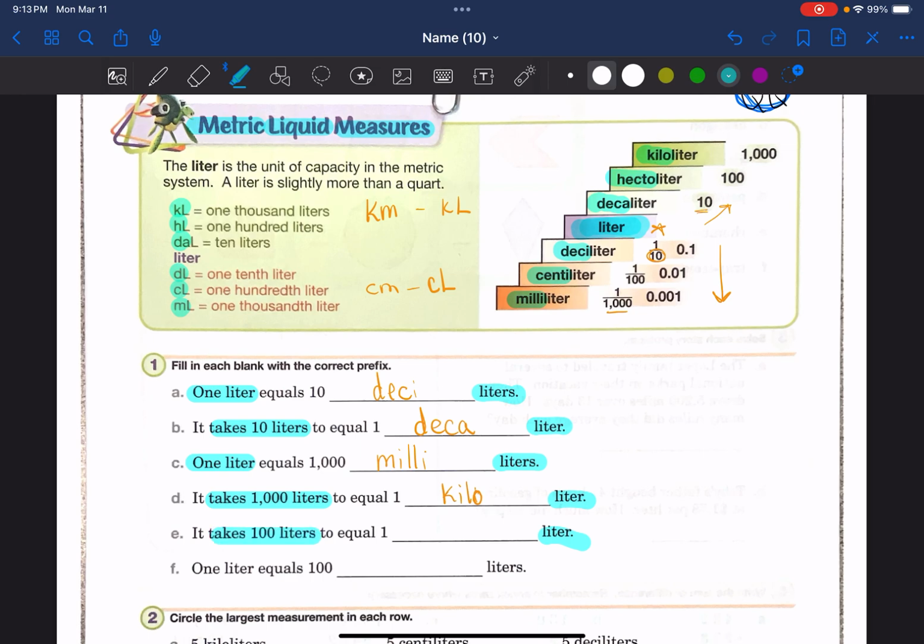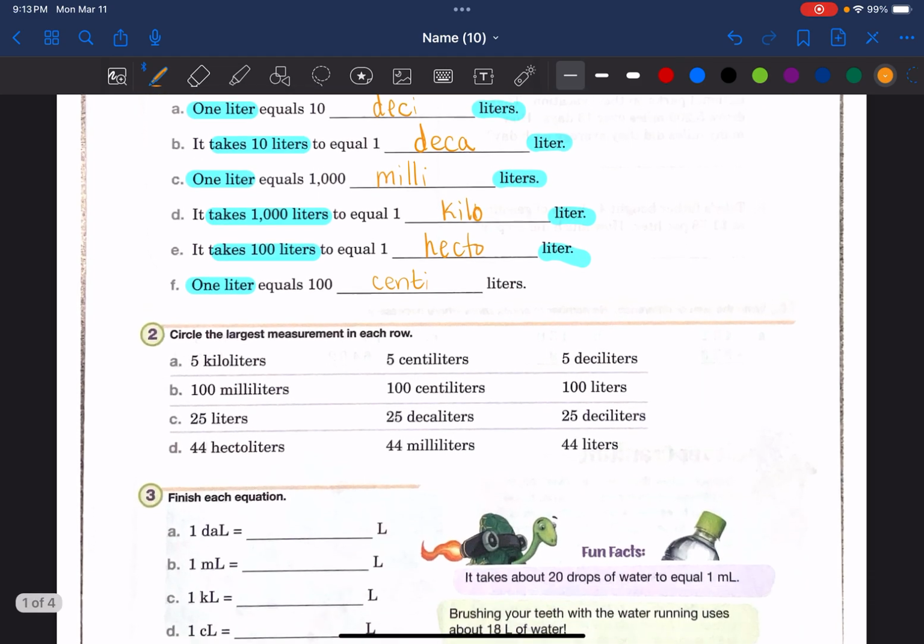So I'm piling up those liters. Once I get 100 liters, what do I have? I have a hectoliter. And finally, we're back to that 1 liter again. So that's the most I can have is 1 liter, which would equal 100 centiliters.